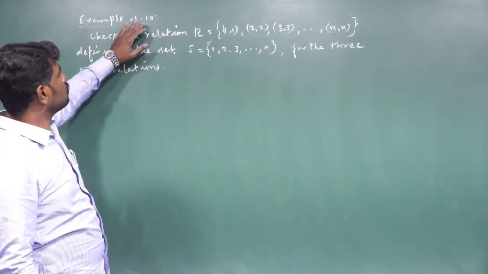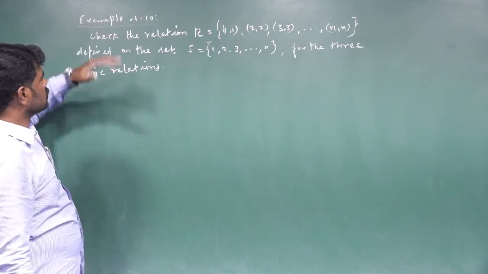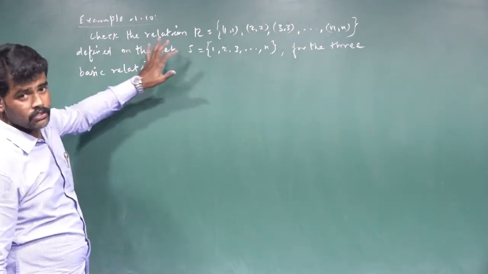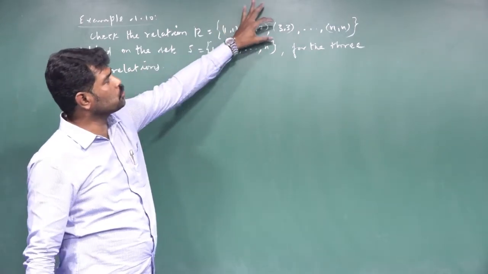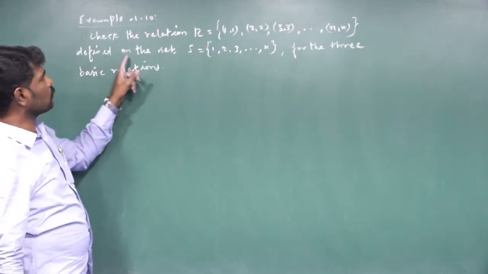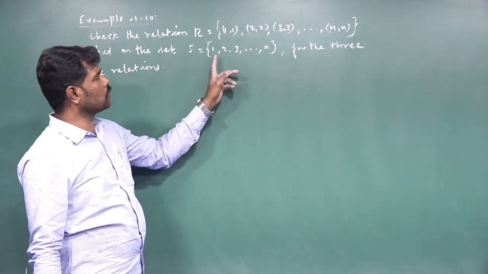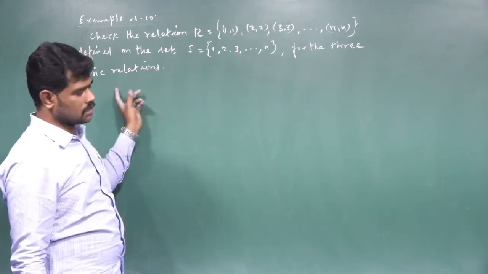Now example 1.10 sums. The question is: check the relation R, equal to the set of all pairs (1,1), (2,2), (3,3), etc. up to (n,n), defined on the set S equal to 1, 2, 3, up to n, for the three basic relations.